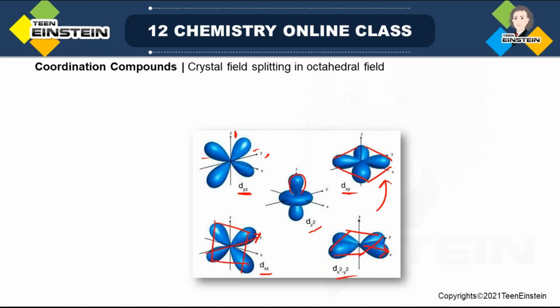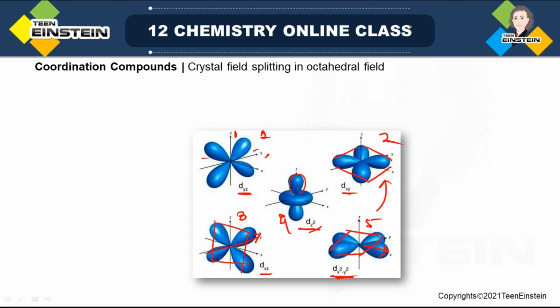So dz square means it is directly on the z axis. You can find some similarity between these two, because here the lobes are directly on the axis, and you can also find the similarity for these three, 1, 2, 3. Lobes are in between the axes, and for 4 and 5 there is also a common point, that the lobes are directly on the axis.